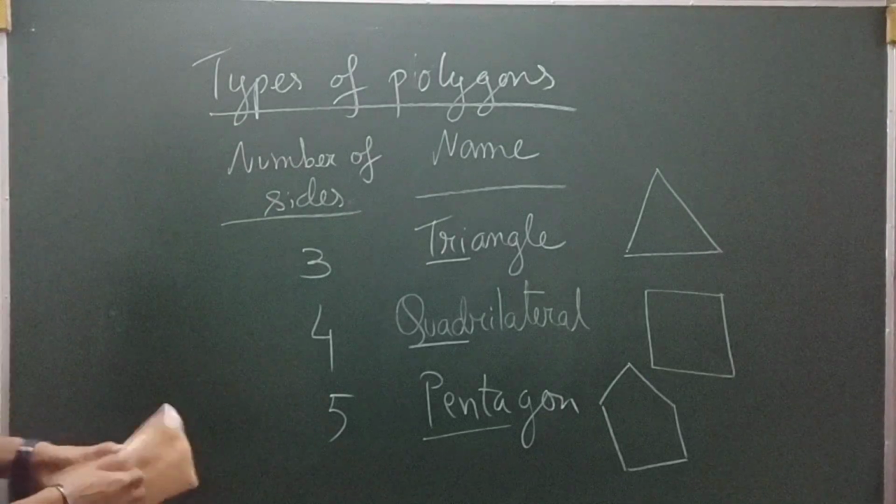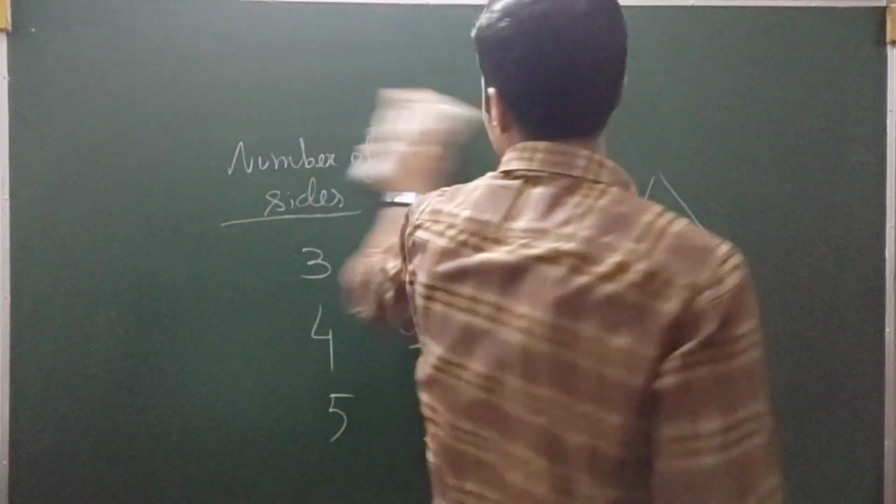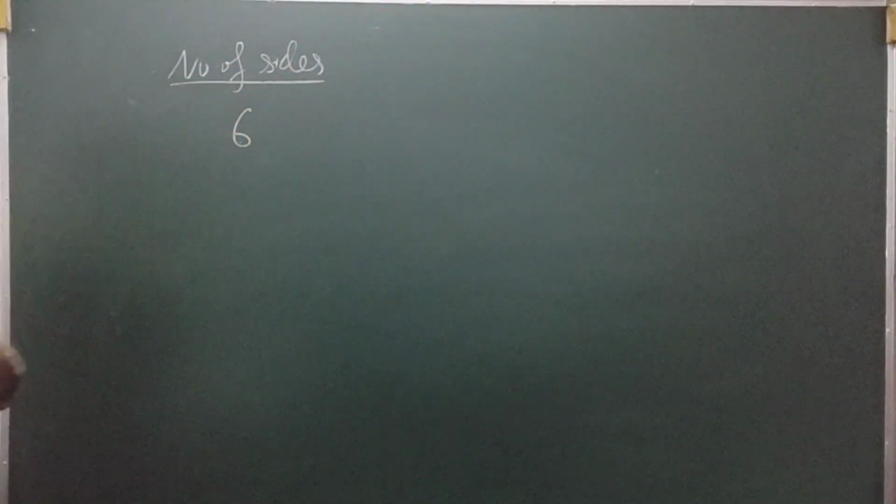Okay, rubbing it off, pause the video. Alright, then we have some more. Okay, last, just 1 or 2 minutes. Hurry up. 6 number of sides. So 3, 4, 5, done.